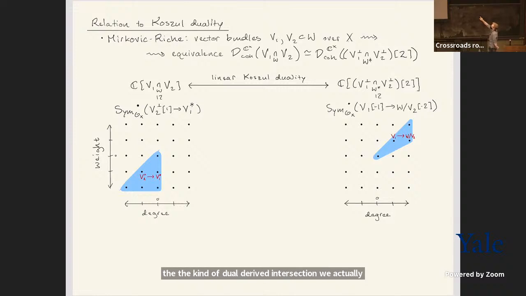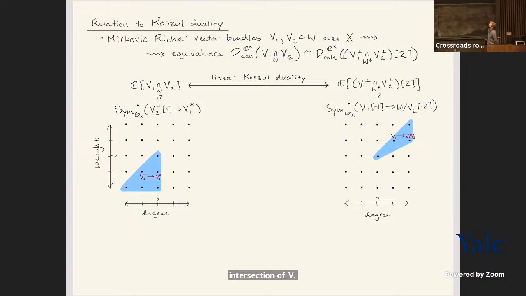Okay. So to draw out what that means, and also to be a little more explicit about how to think about these derived intersections, let's start with the one on the left. I have the intersection of V1 and V2 in W. The coordinate ring of that I can represent as a differential graded algebra, which is a symmetric algebra on a two-term complex.